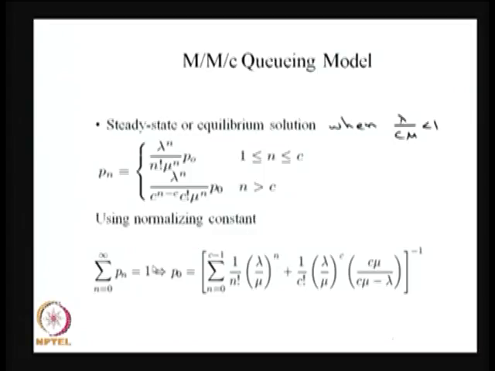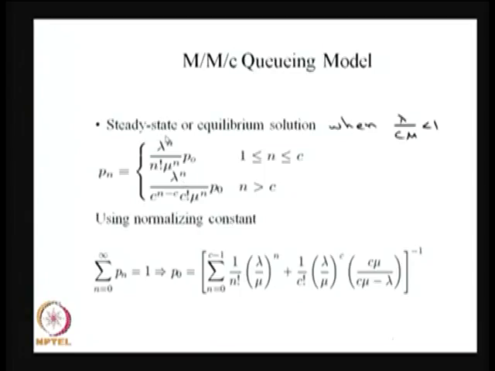Using the normalizing condition, you get P naught, and P naught is 1 divided by this series. This series converges only if this condition is satisfied. By solving those equations, you get P n's in terms of P naught, and using the normalizing constant, you get P naught.